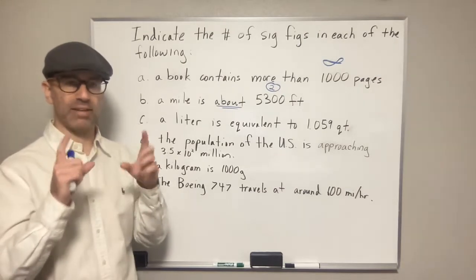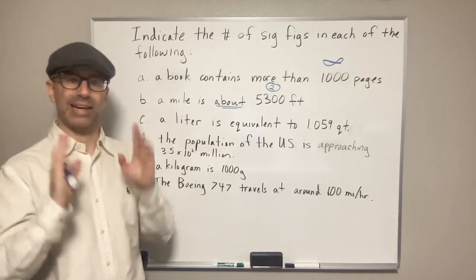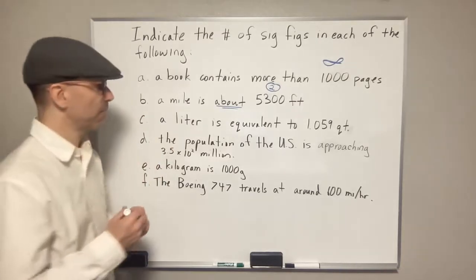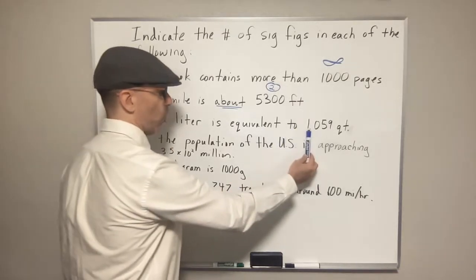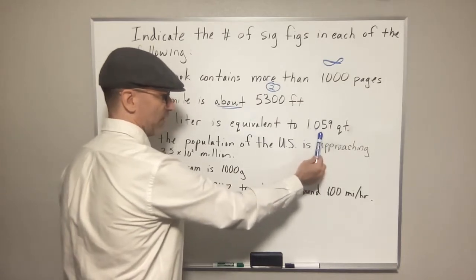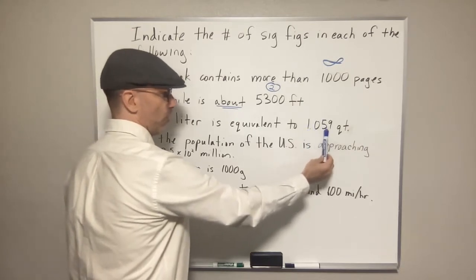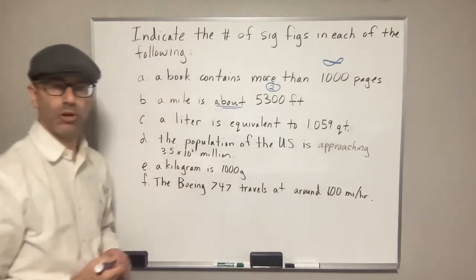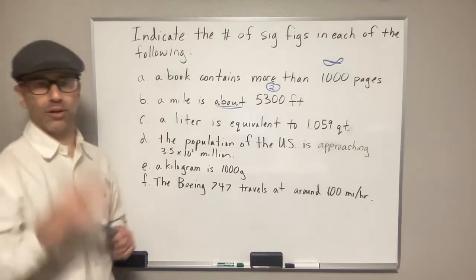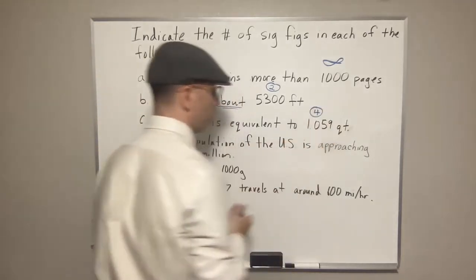So in this case, we have a 1 and a 5, and the zero between them is significant. So we have the 1, the 0, the 5, the 9, so that's going to be 4 significant figures. Okay, so the number of sig figs here is 4.